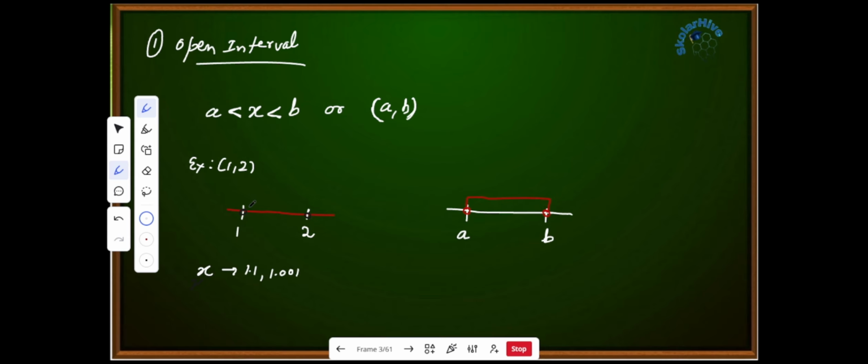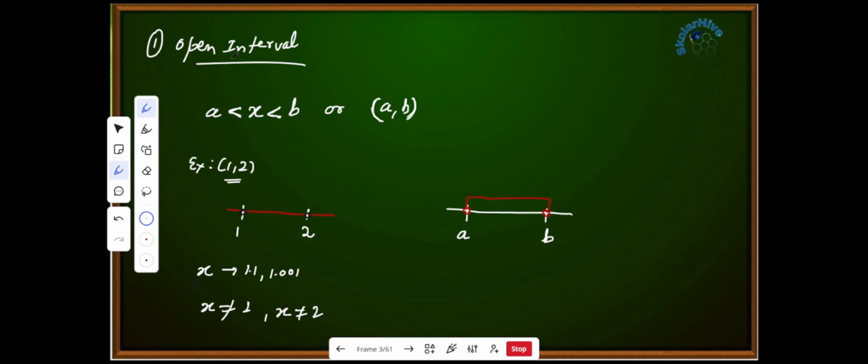If you are looking, that will be included in this interval, but x equal to 1 is not included in this. The same way x equal to 2 is also not included in this.